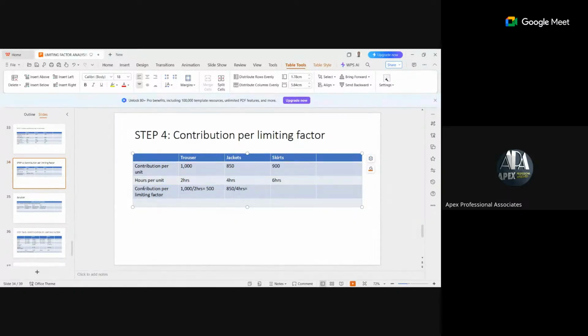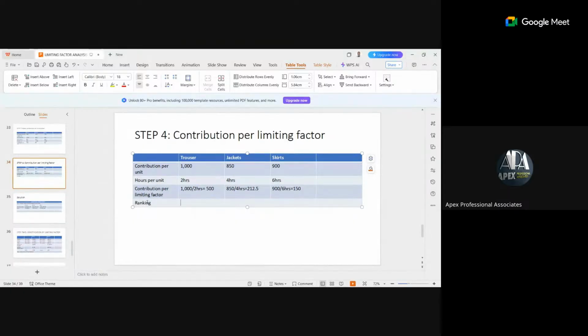The result should be 212.5. And for skirts, 900 divided by 6 hours, you have 150.